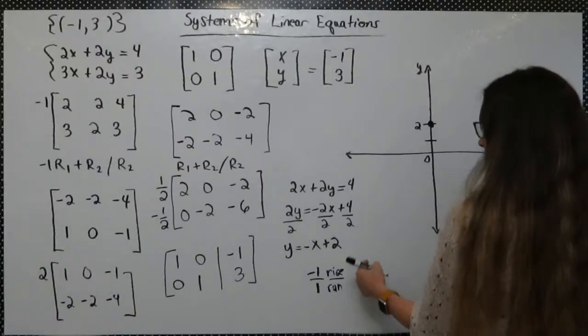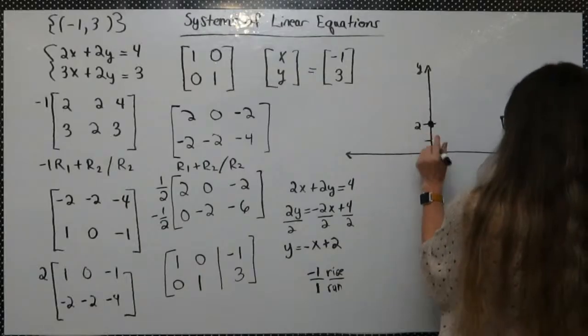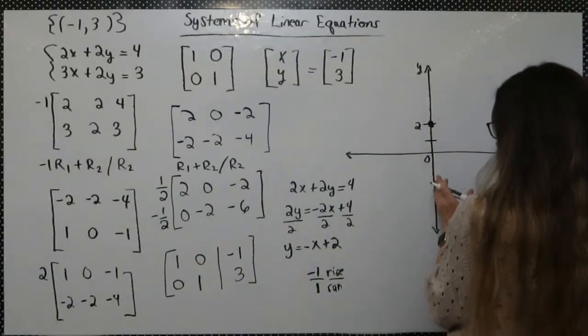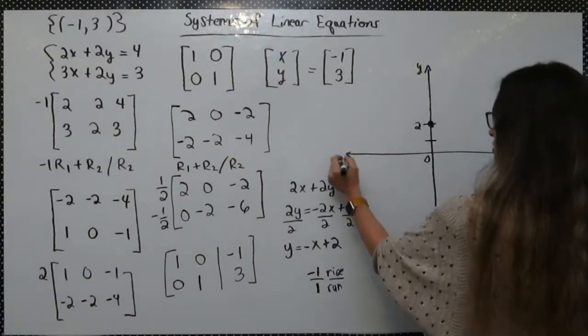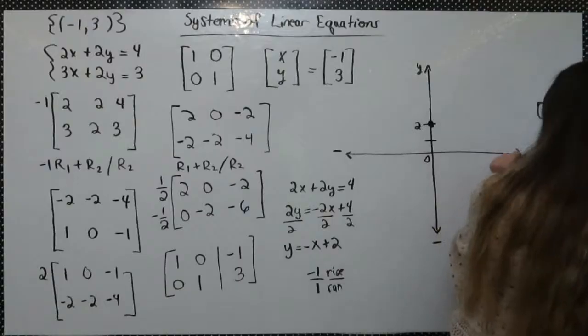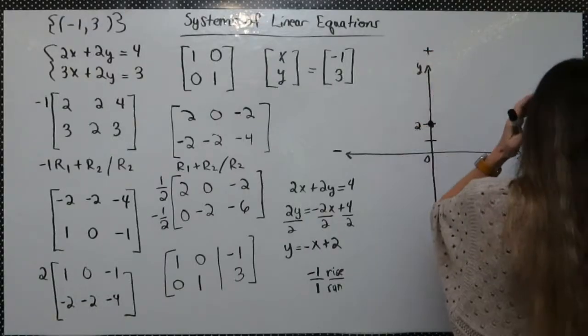So let's just go ahead and rise a -1, which is going down. Because remember, in the Cartesian coordinate system, it's positional, and the negative is referring to a direction. So this is the negative y direction. This would be the negative x direction. This is positive x direction over here, positive y direction.